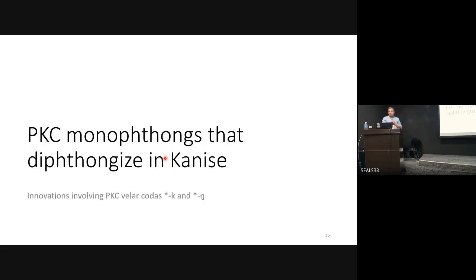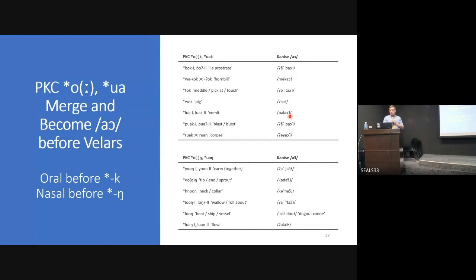And then finally, we've got some Proto-Kuki-Chin monophthongs that diphthongize in Kanise, and these all involve the historical velar codas. So o and ua merge once again here, but they become ao when the historical coda was velar. And so here we get a source for the nasalized diphthong, because it was conditioned by a nasal coda.